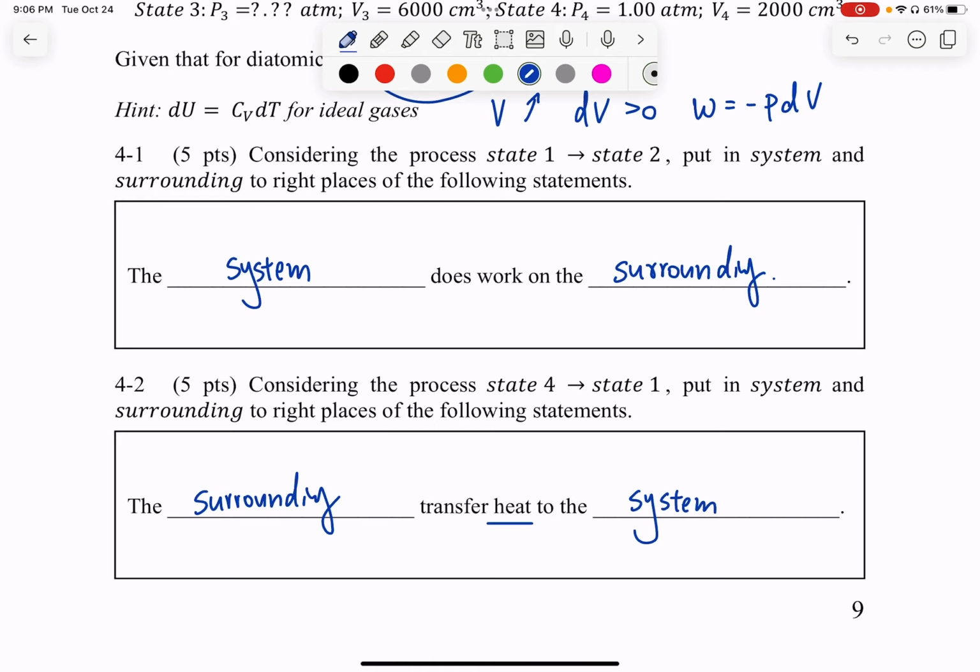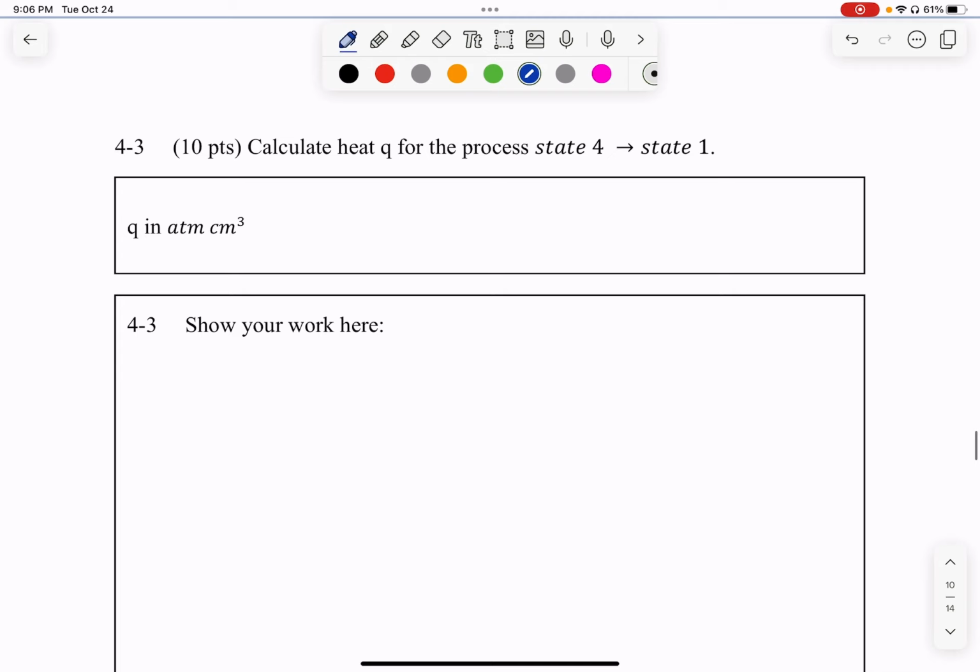All right. Next up, calculate heat for the process from state 4 to state 1. Now, again, like what we said, our work from state 4 to 1 equals 0, and our Q from 4 to 1 equals our delta U from 4 to 1, which equals U1 minus U4.